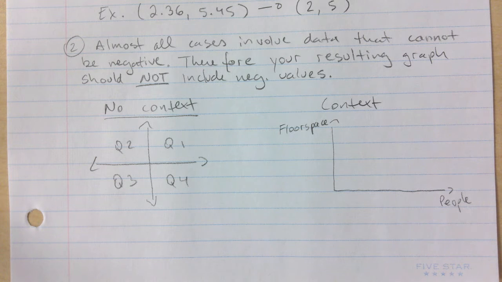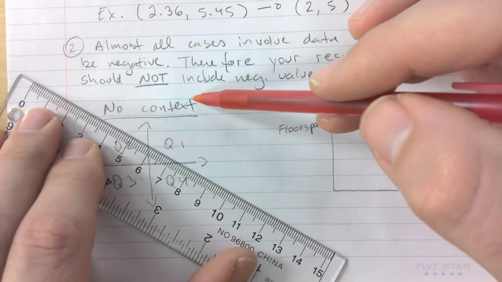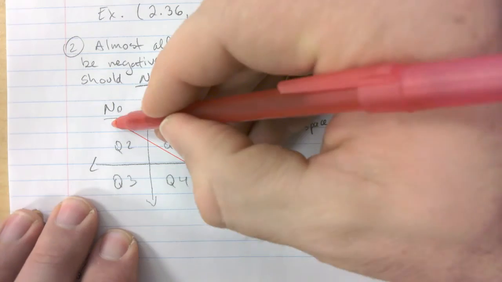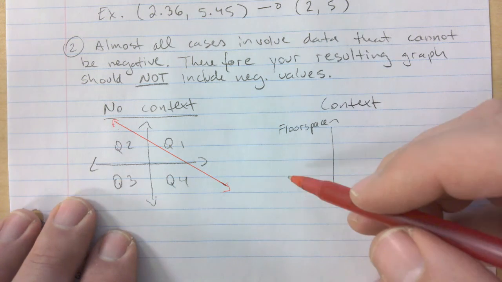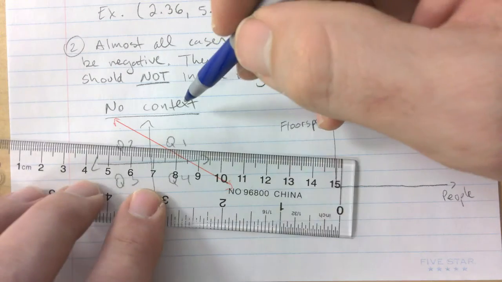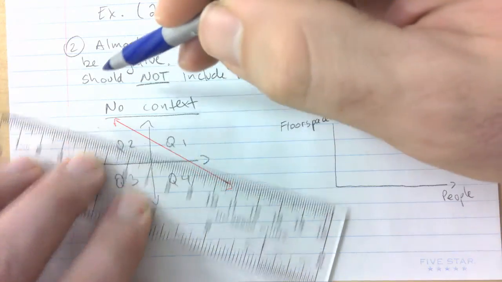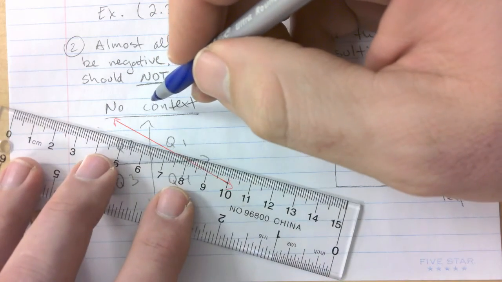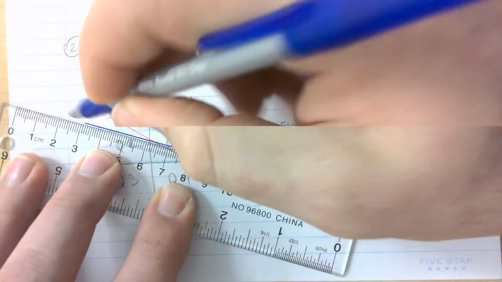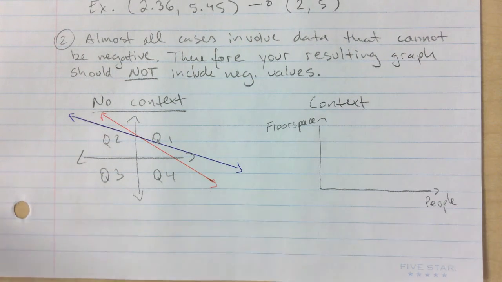So let's say if you were to just graph that equation, no word problem attached to it, you graph like this. It spans over all 4 quadrants. And then you graph your second inequality or line, and it goes like this. No context, it would look like that.